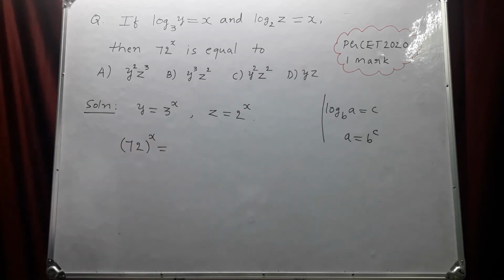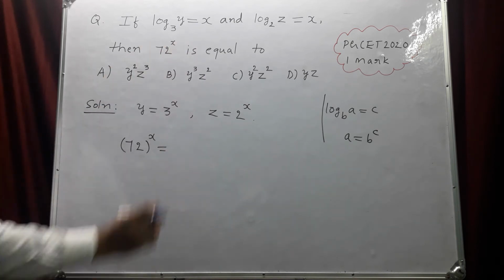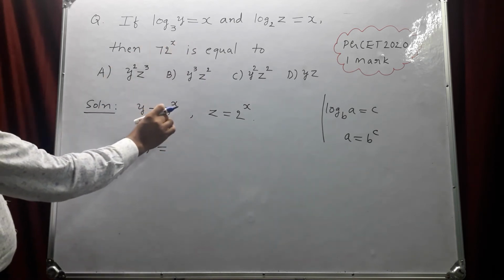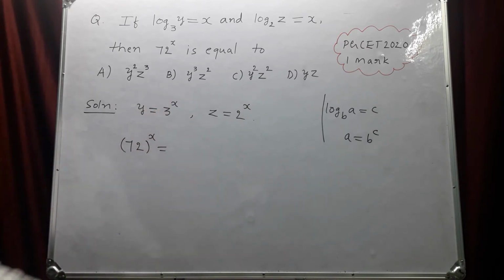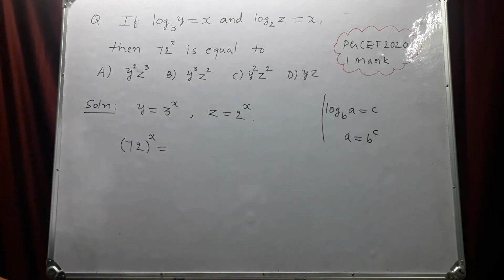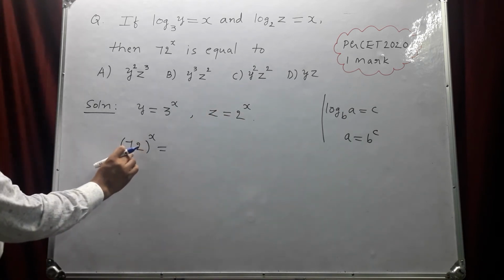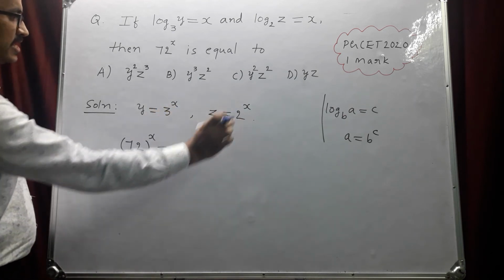We have to express this value in terms of y and z. But y is in terms of powers of 3, and similarly z is in the powers of 2. So we are converting this 72 in powers of 3 and 2.